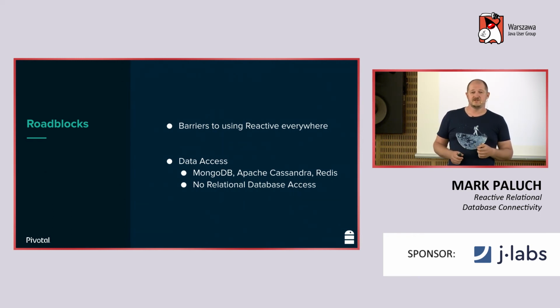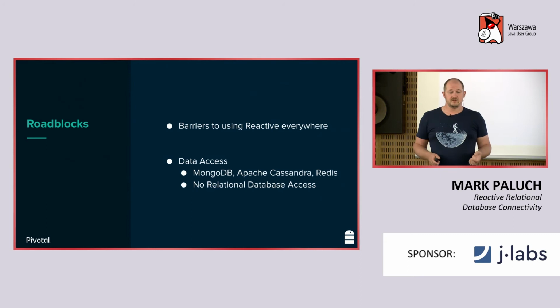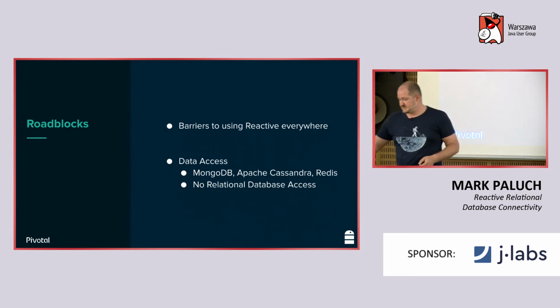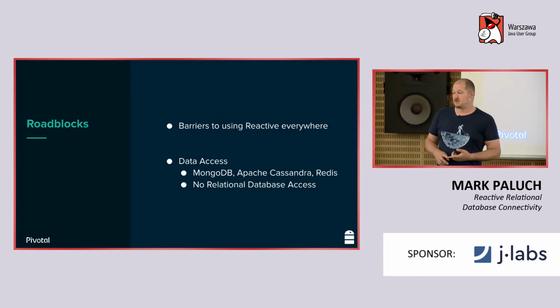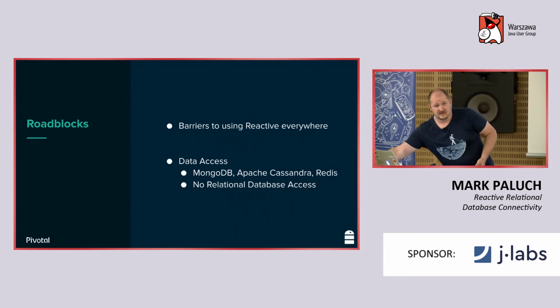So this is probably not something that we want. Therefore we need to be reactive everywhere, and all of our integrations have to be reactive as well. So this means our web clients have to be reactive. Our messaging systems have to be reactive.